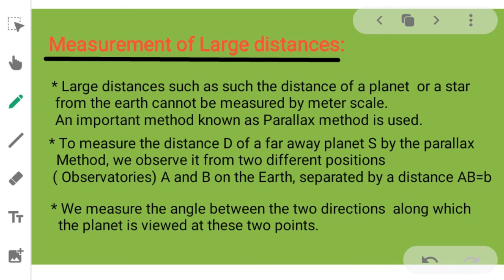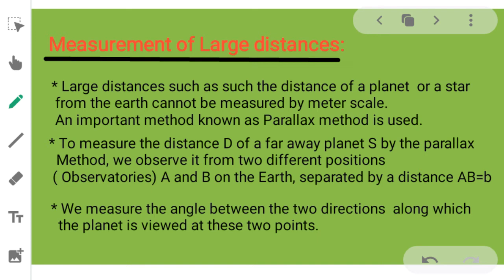Consider two observatories on the earth as A and B, two points separated by the distance b. Generally we take the distance AB between those two observatories as b.